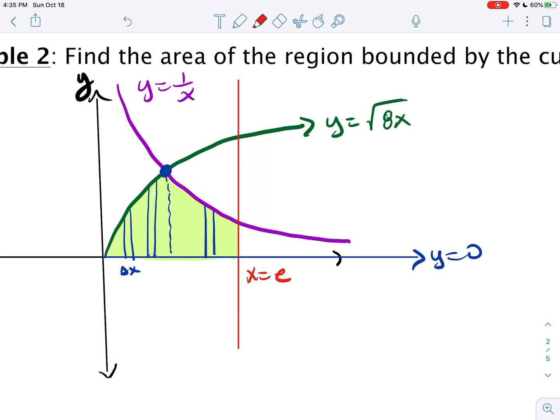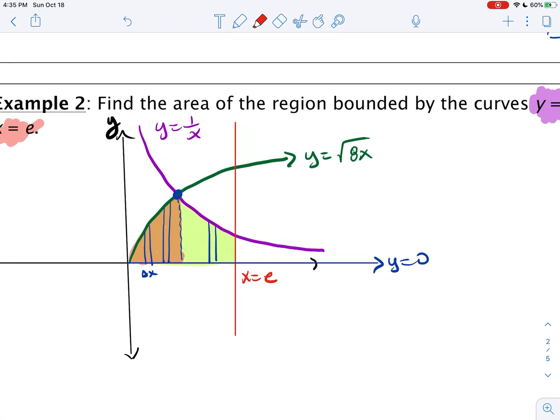The whole is equal to the sum of its parts. So if I were to take this region, my top minus bottom is going to be different than the other region. Make sense? And I can tell that this is going to be the area from square root 8x minus 0, right? That's that bottom function is 0.